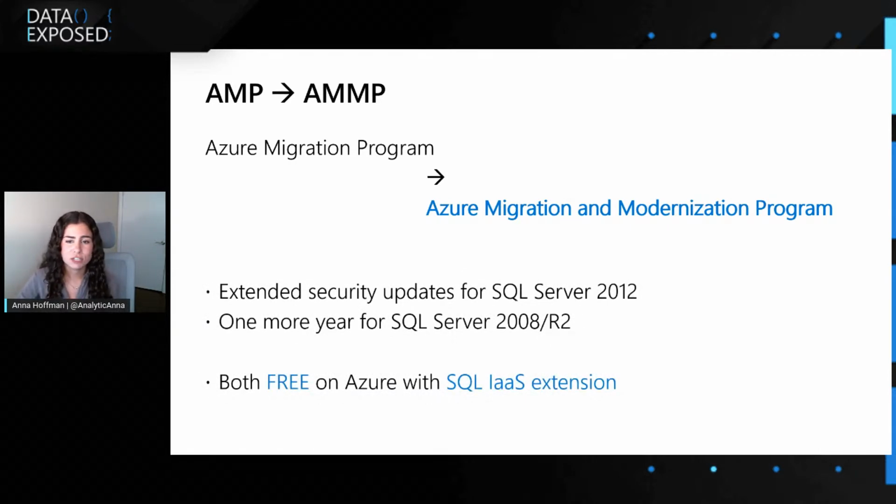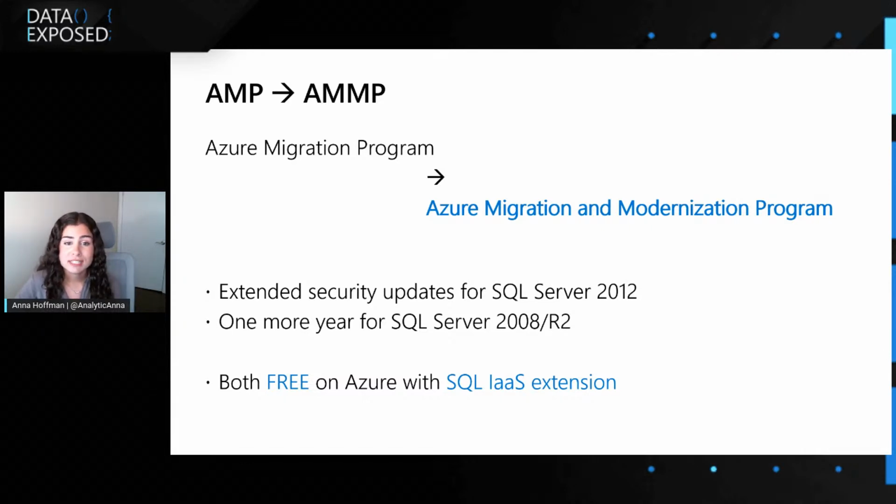One was extended security updates for SQL Server 2012, as well as one more year for SQL Server 2008 R2. Hopefully not that many viewers are on that version, but if you are, the only place you can get these free extended security updates is if you're running on Azure and either leveraging one of our pre-built images that include SQL Server or the SQL Server IaaS extension.